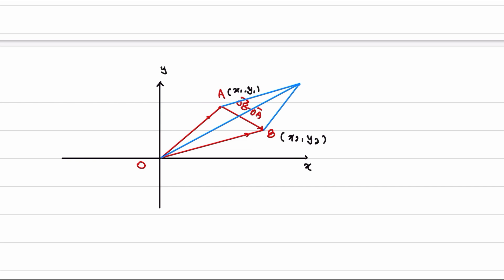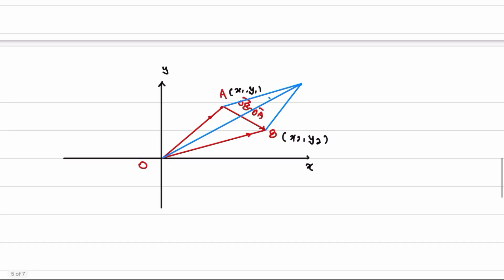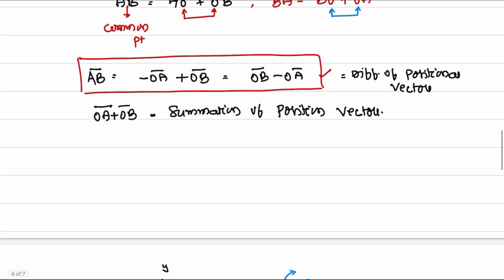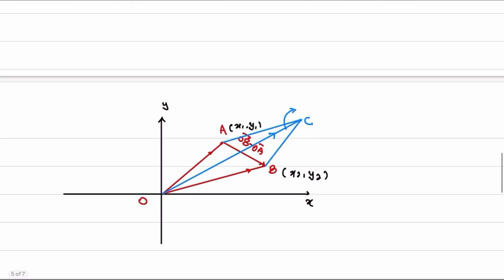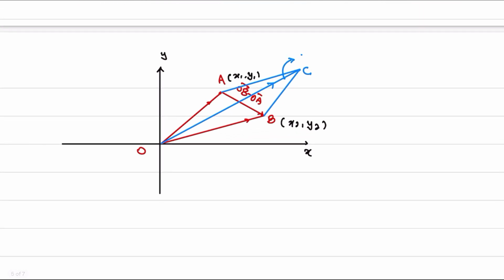It will be useful even for vector analysis in future. This is OC. What is the C point? OA plus OB. That is x1 plus x2, y1 plus y2.